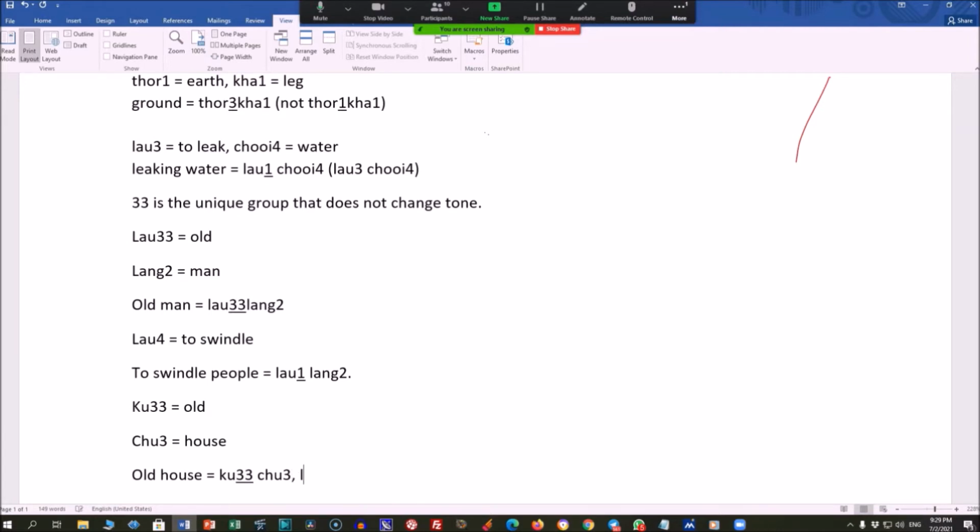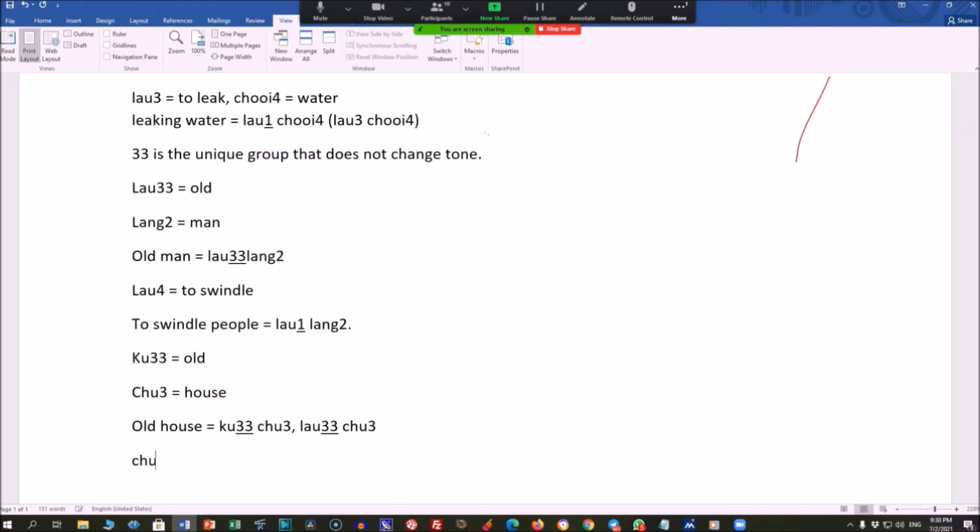You notice here that the word gu, the same as lao, does not change its tone. Gu chu, lao chu. They don't change their tone, and hence it's tone 3-3. And so only tone 3-3 doesn't change tone. You don't have tone 1-1 or 2-2 or 4-4. They don't exist. The only one there is, is tone 3-3.